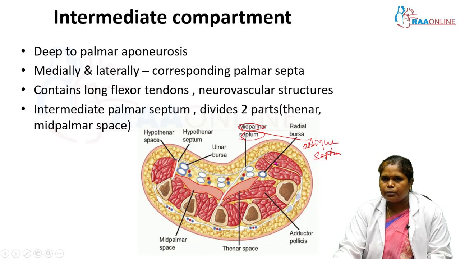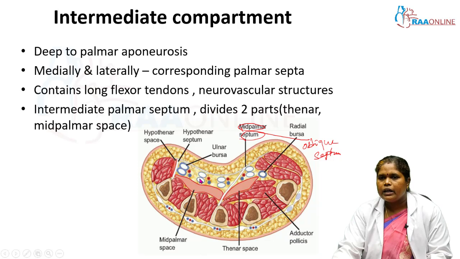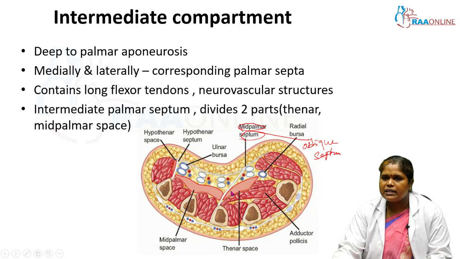This is the thenar compartment, the hypothenar compartment, and the intermediate compartment. Now this intermediate compartment has two spaces, the thenar space on the lateral aspect and the mid-palmar space on the medial aspect. So we have one thenar space and one thenar compartment. The thenar compartment will have the thenar group of muscles. The thenar space is a potential space. You have to understand the difference between the thenar space and the thenar compartment.